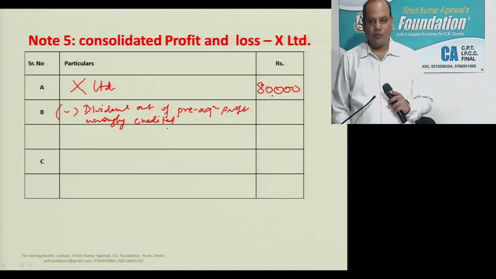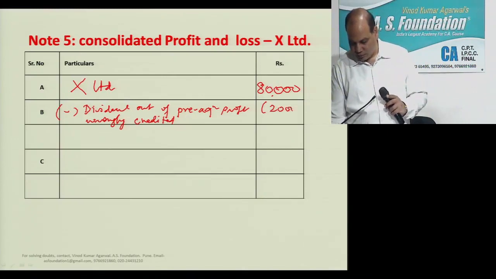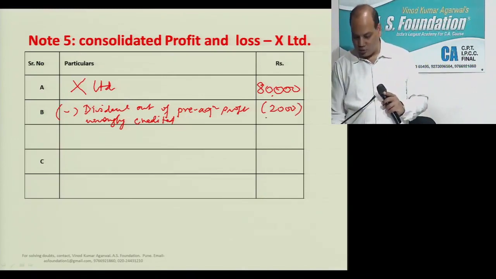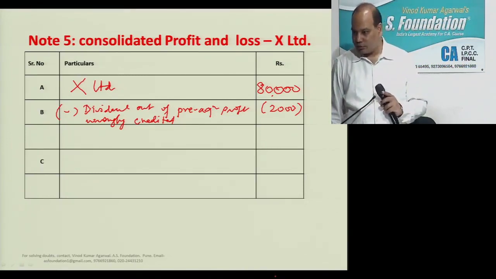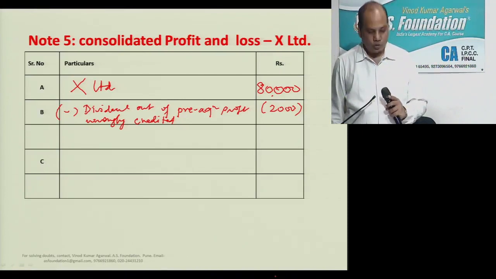This is a rectification of error adjustment. 2,000 rupees in bracket. You will reduce it from 80,000 afterwards. Any query on this? Now the problem is very easy. Any query? No. Continue.